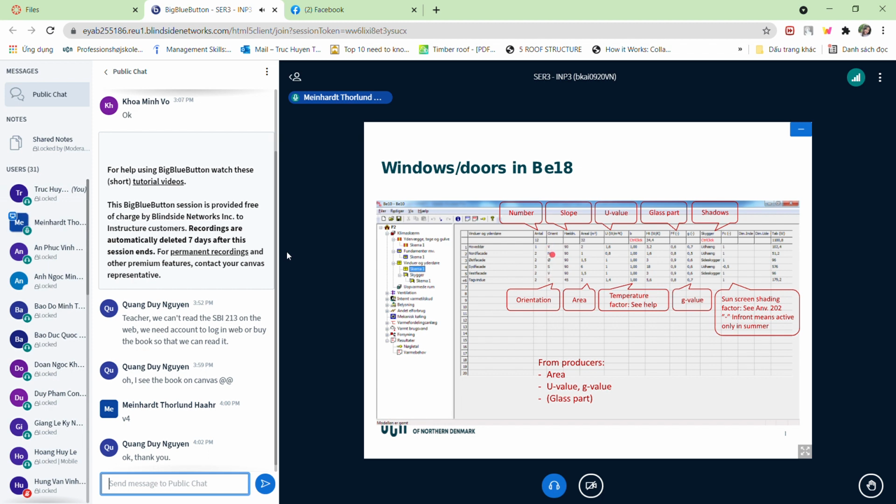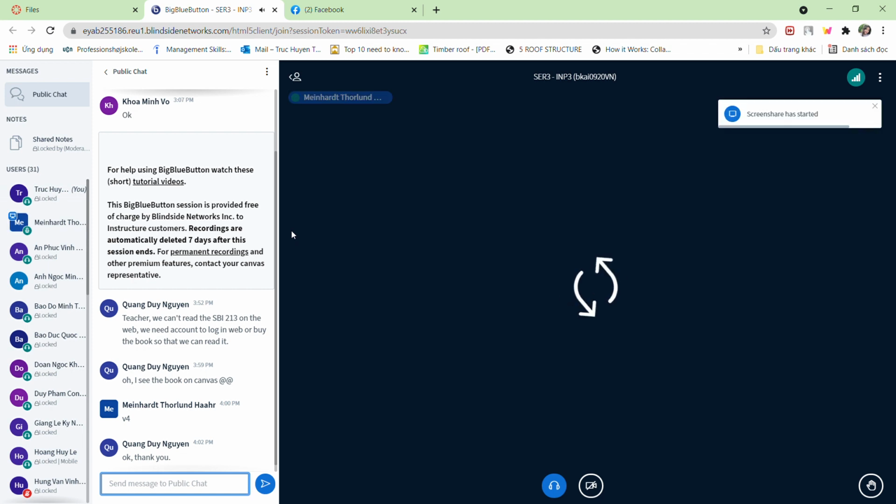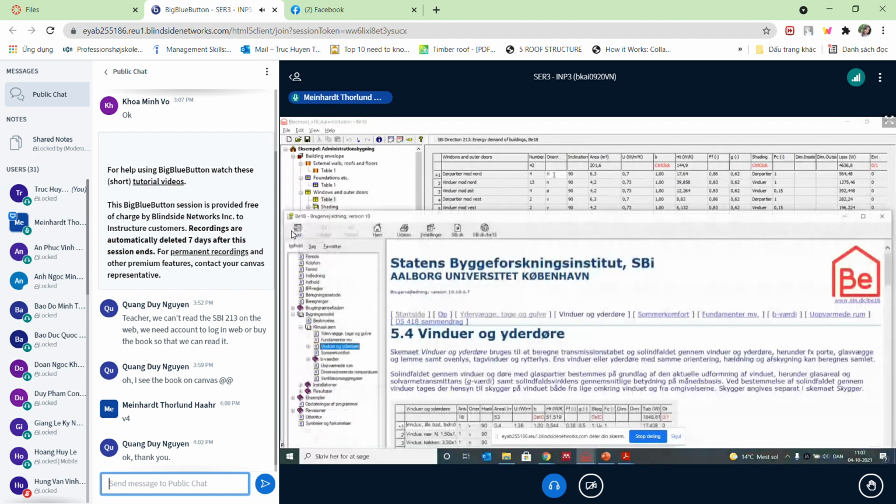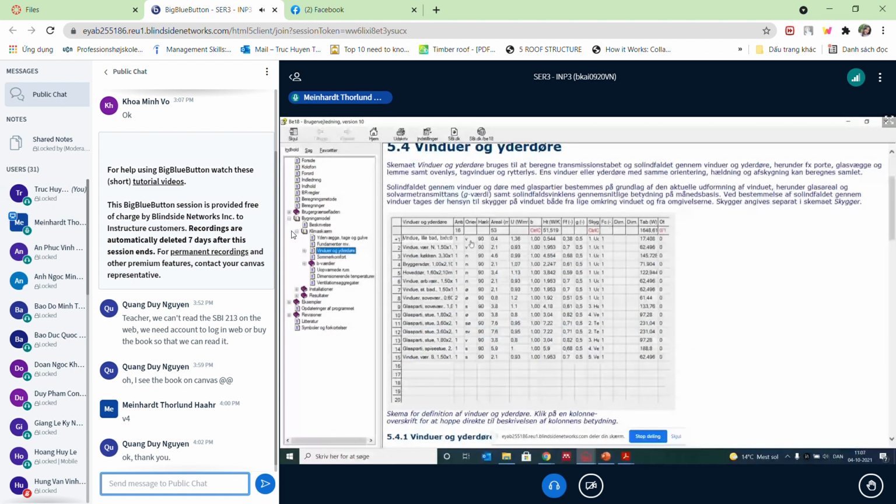corners of the world. So V is west, N is north, U is east, S is south. But you can also put in numbers. Basically, this one says the orientation.